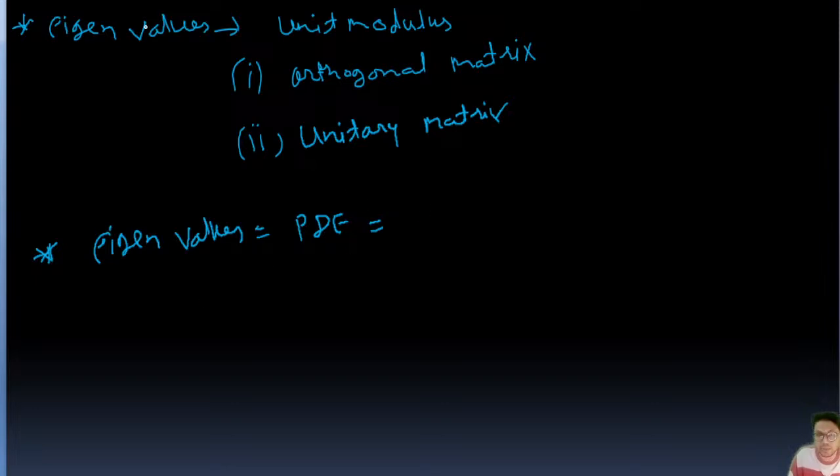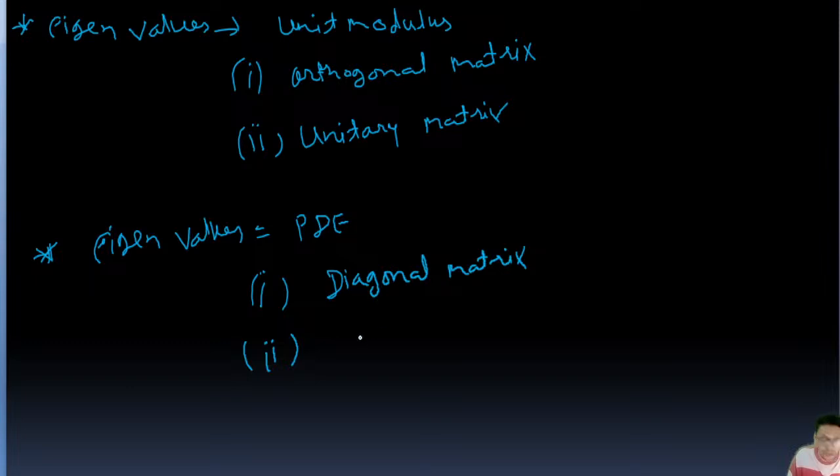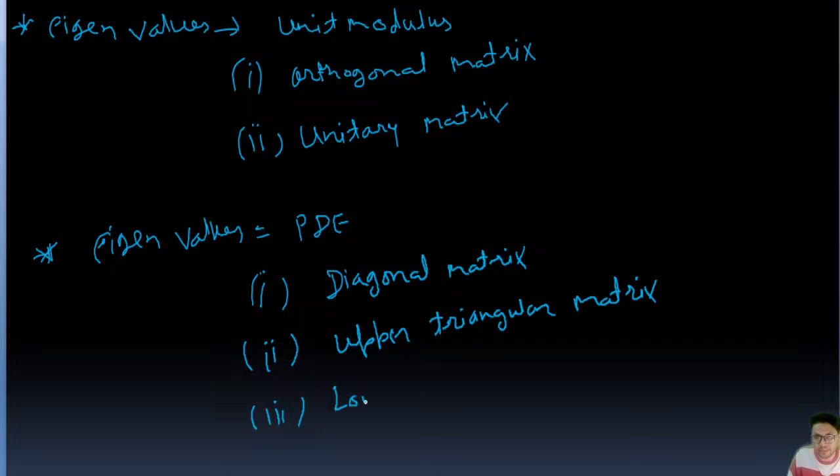For what matrices will the eigenvalues be equal to principal diagonal elements? Those matrices are the diagonal matrix, second the upper triangular matrix, and third the lower triangular matrix.